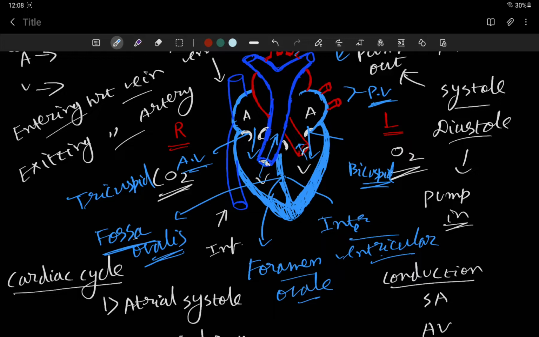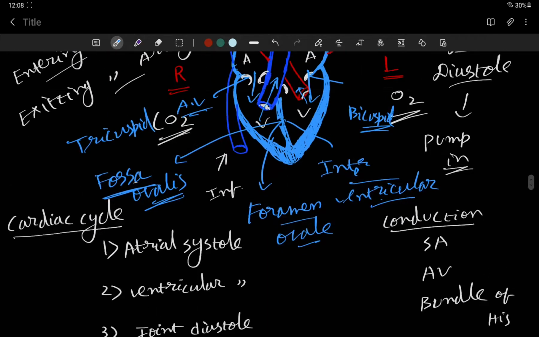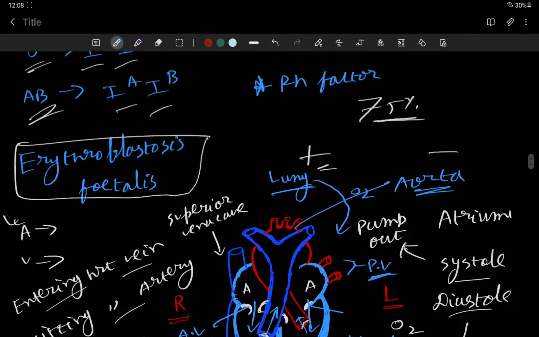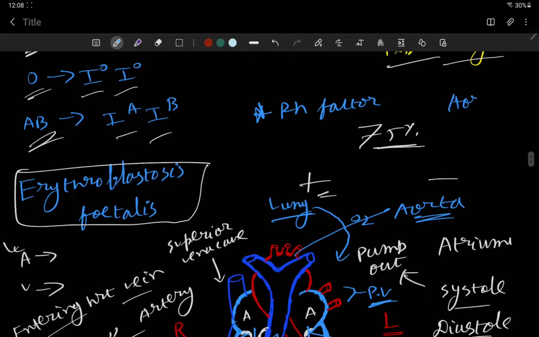There are also valves present in the aorta and pulmonary artery. These valves are called the aortic valve and the pulmonary valve. The valve in the aorta is called the aortic valve, and the valve present on the pulmonary artery is called the pulmonary valve.